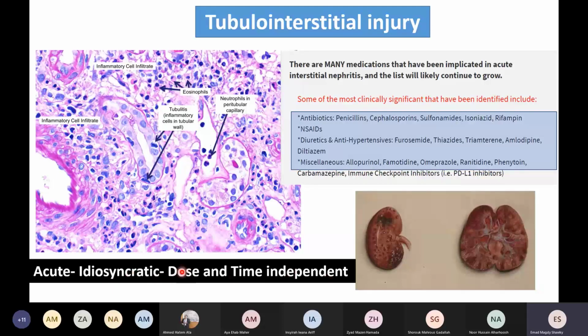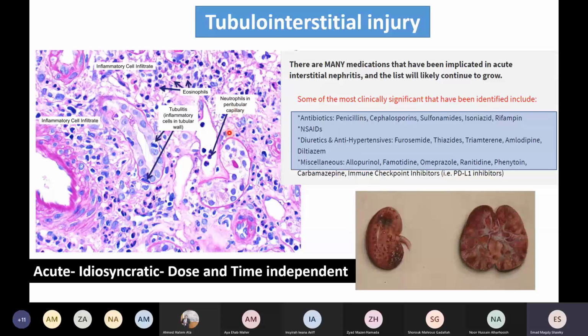It is not related to high dose or small dose, or to the duration of use of the drug. No, it is a hypersensitivity action, as it can be in the skin or in the larynx or in the respiratory tract. In the kidney tissue, it can have this hypersensitivity reaction with tubular damage and tubular inflammatory cell infiltrate.